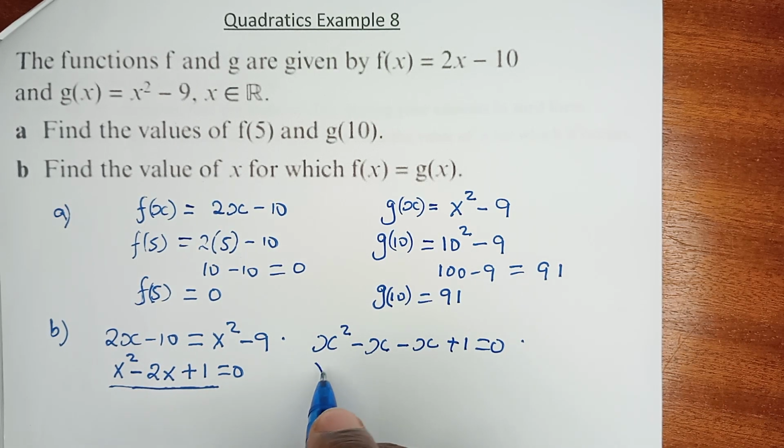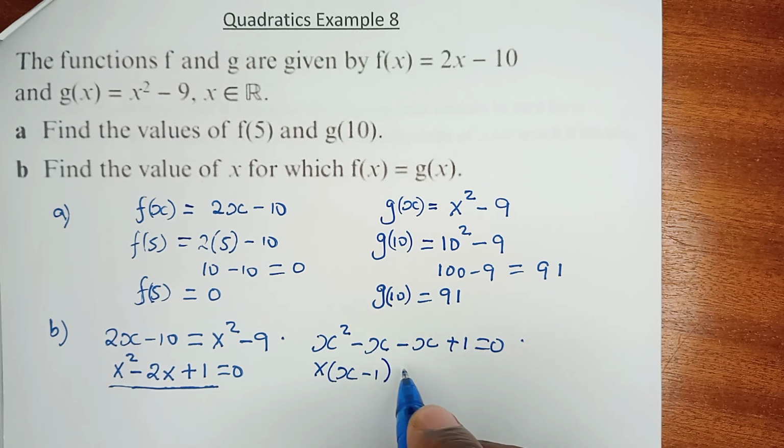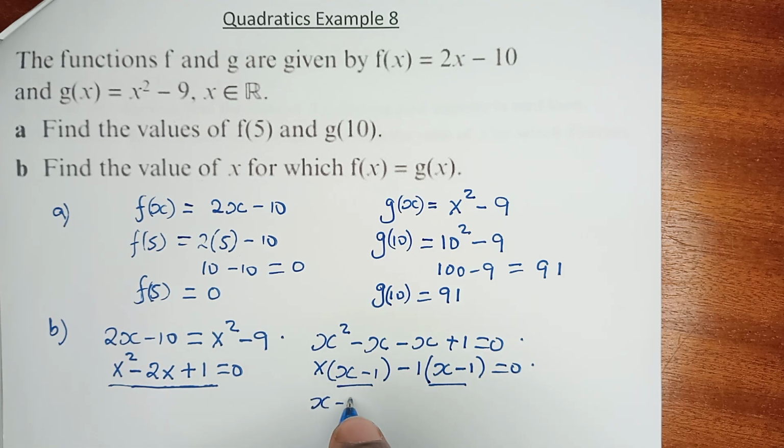For the first two terms, x is common: x(x minus 1). For the last two, -1 is common: -1(x minus 1), which is equal to 0. So these brackets are identical, and we have (x minus 1)(x minus 1) equal to 0.